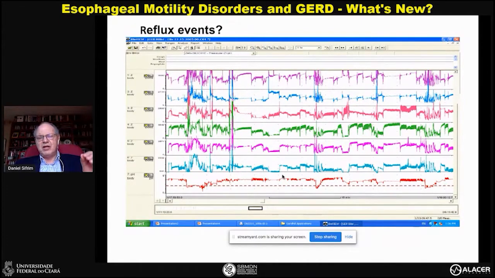So this is the first step in any impedance pH-metry analysis.